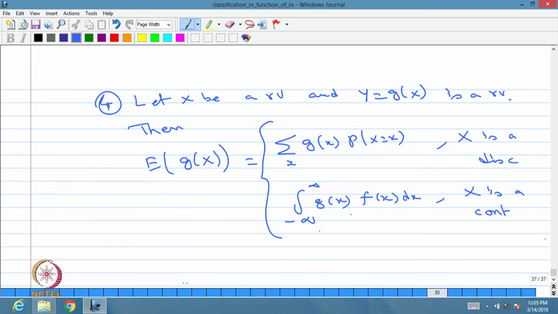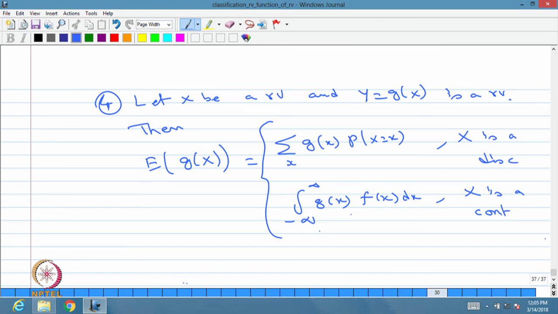If it is a discrete type random variable, you use the probability mass function; if it is a continuous type, the probability density function of x. You can find the expectation by summation or integration without knowing the distribution of g of x. We will be using this property again and again whenever we want to find the expectation of a function of a random variable.